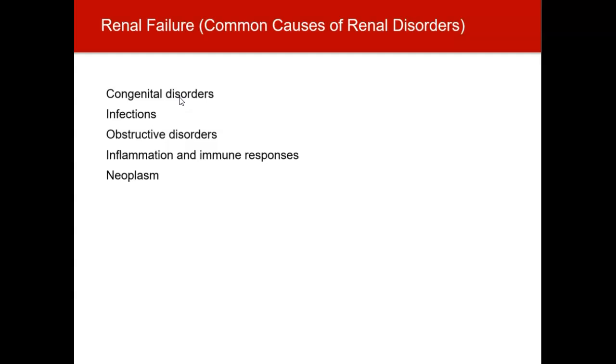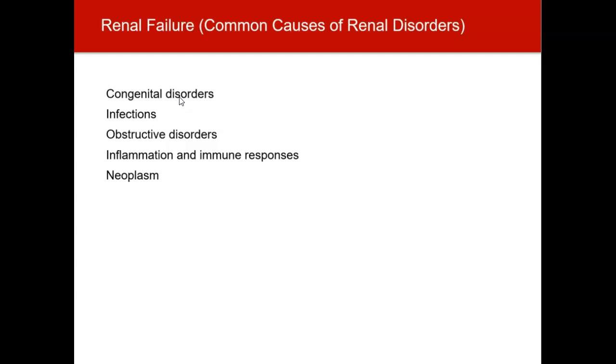Infections: UTIs are extremely common. 20% of women develop UTIs sometime in their lives. If you have a UTI, it can cause severe damage to your kidneys if it goes untreated. What we mean by obstructive disorders is anything that's going to obstruct the urinary flow.